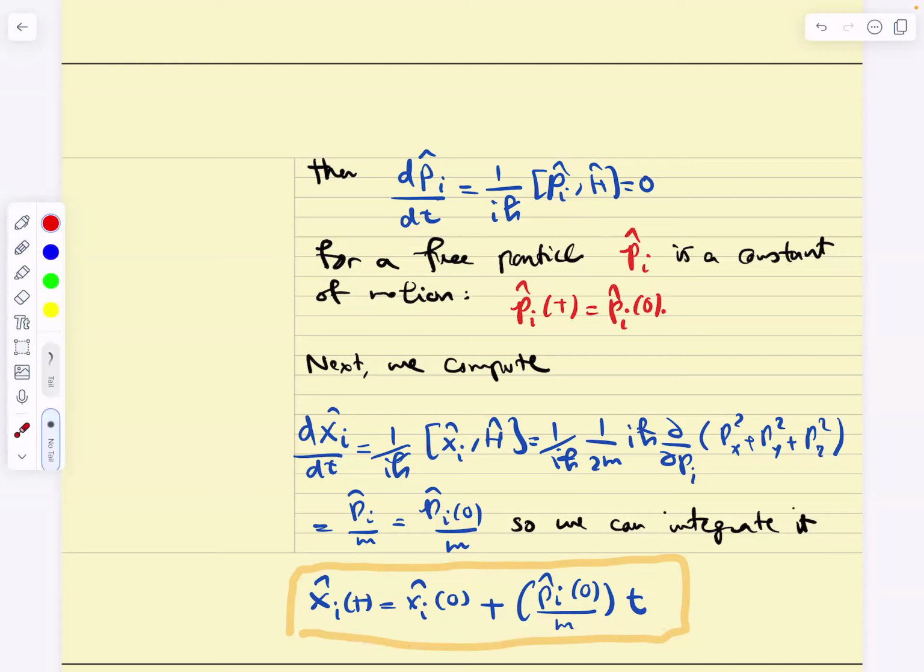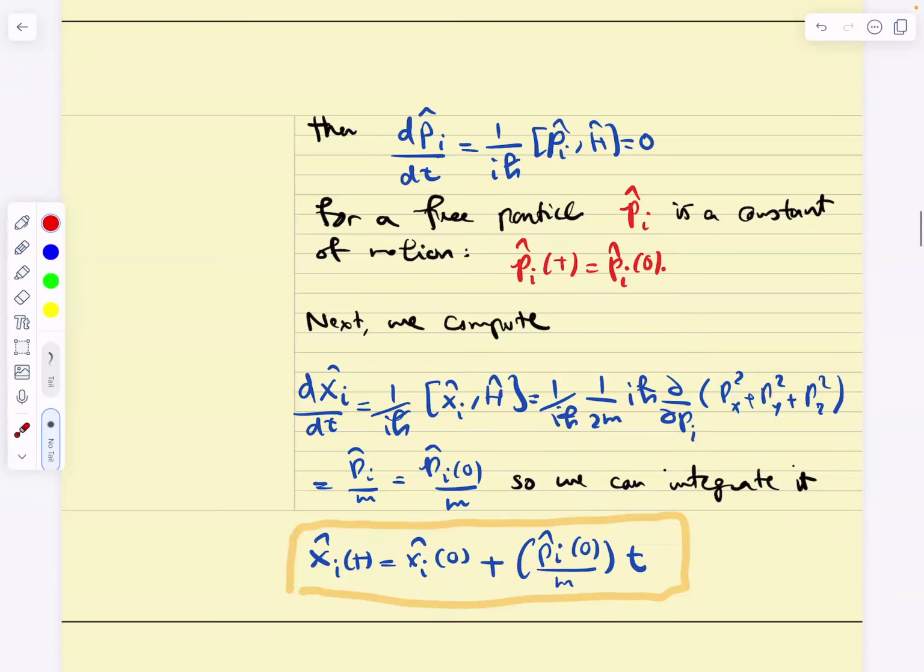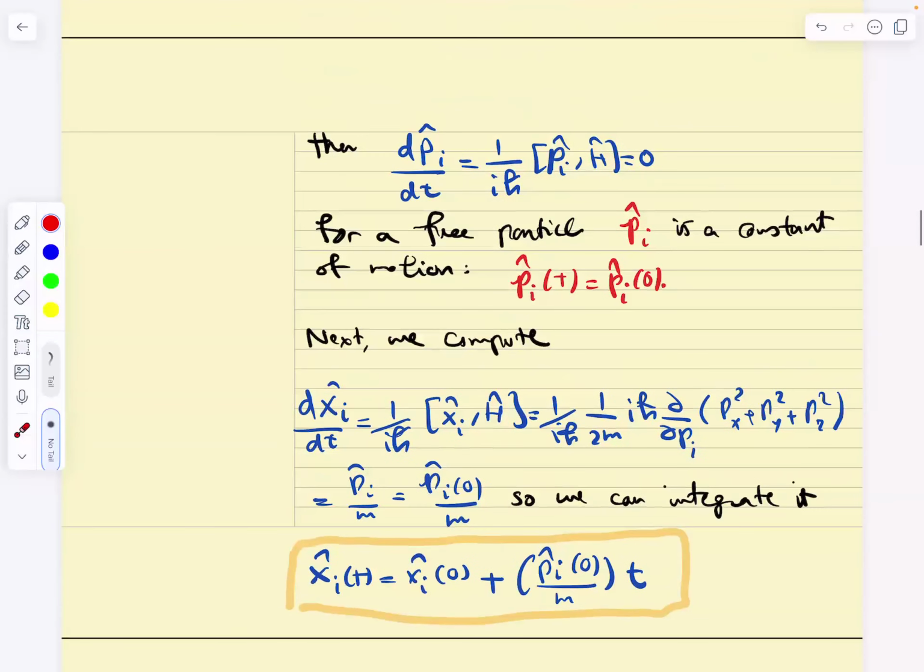So what you would have done in classical physics, the solution to the equations of motion, will go through quantum mechanically as an operator equation. This is a very, very simple example. Let's pause and see if we understand this.